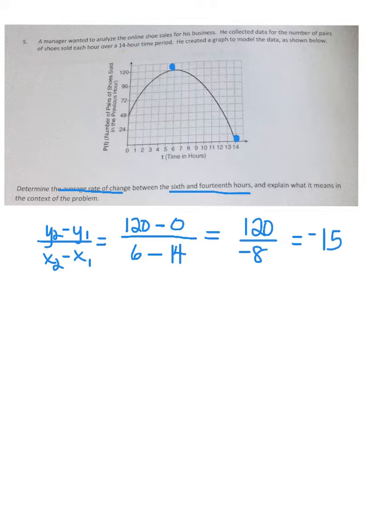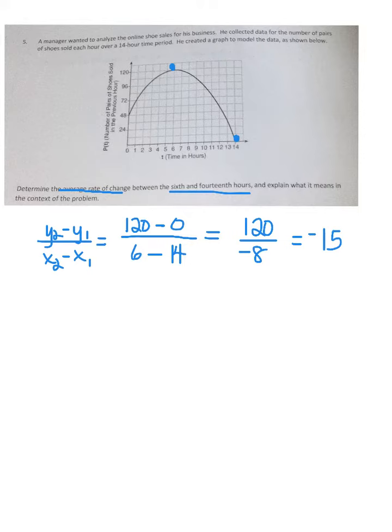So you can see that at time 0, he's sold 48 pairs of shoes. The amount that he sells increases till time 6. And then after that, the amount that he sells decreases.